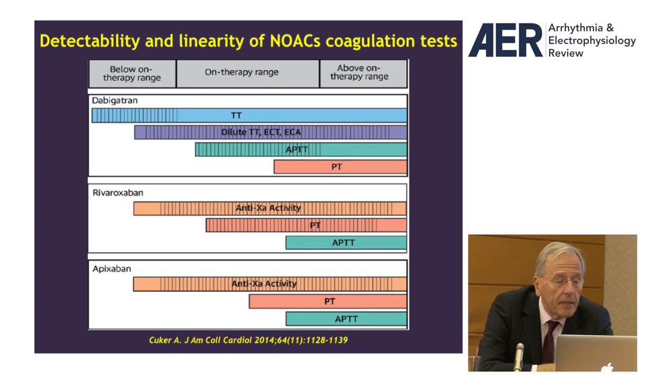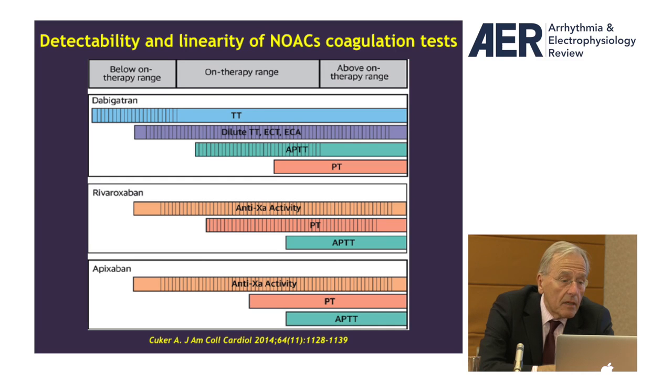If you look at dabigatran, thrombin time could be useful, but as you see in the hatched parts of these histograms, the linearity which you would like to see is not available in the on-therapeutic range. Whereas you have it with APTT, the green bar.